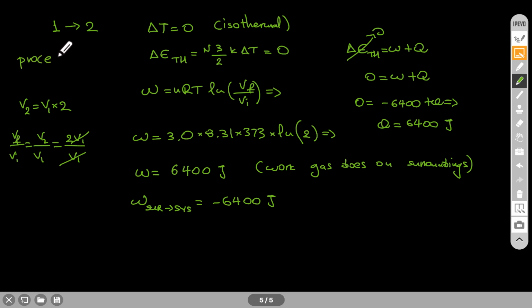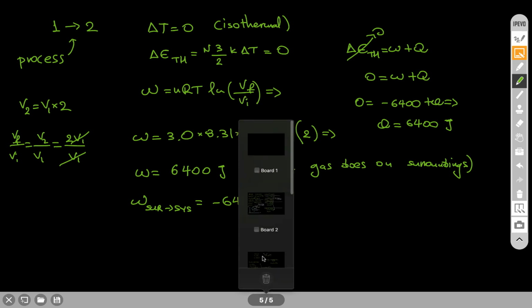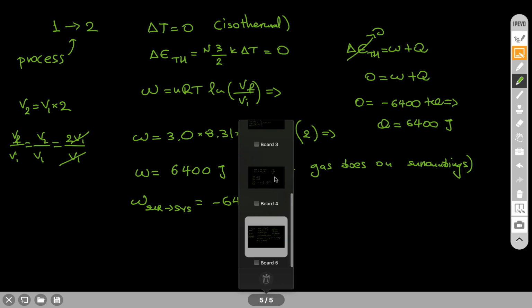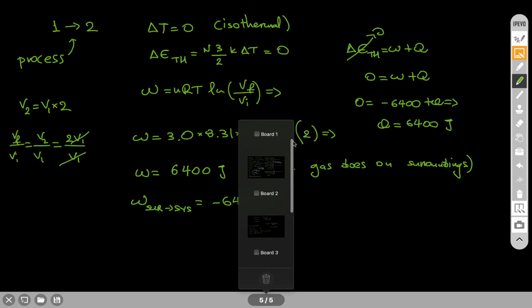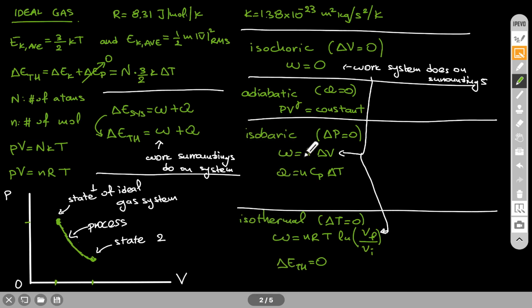This here from 1 to 2 is a process, specifically an isothermal process. This is how you will need to work with any ideal gas process. The only thing you will have to do, if it is adiabatic or isobaric, instead of doing exactly the steps that I did, is use different parts of the theory.